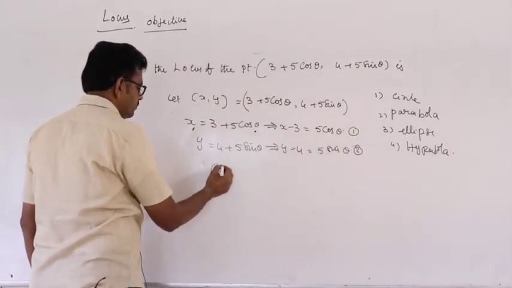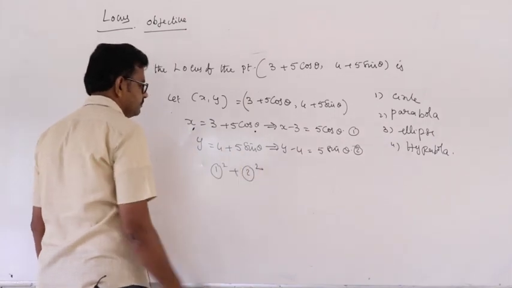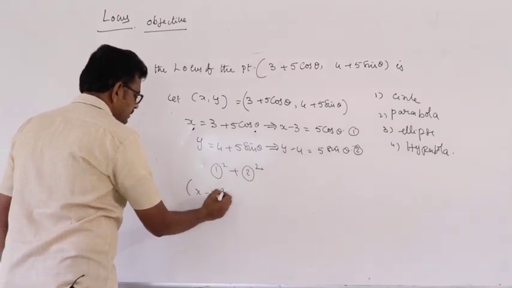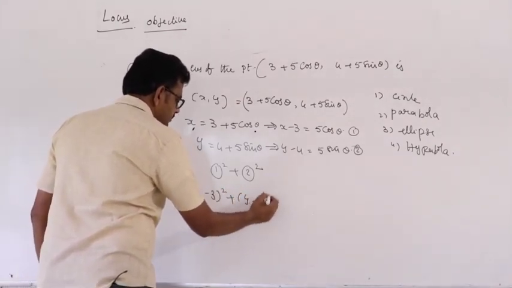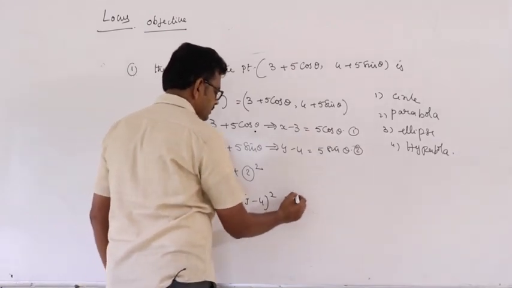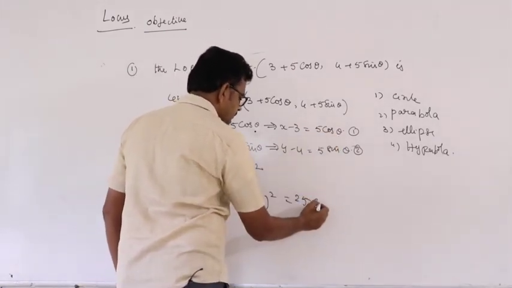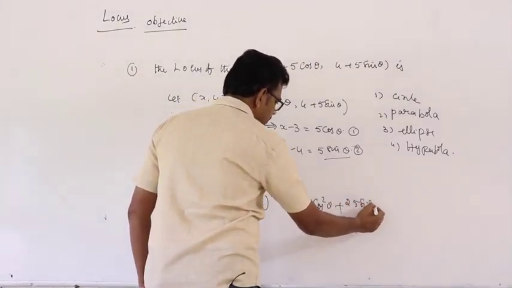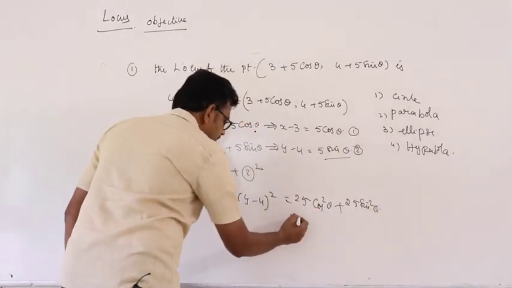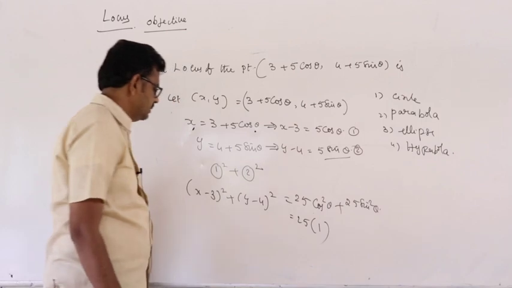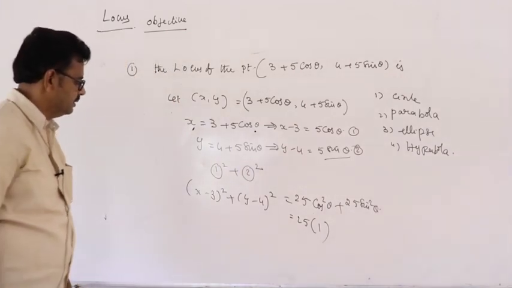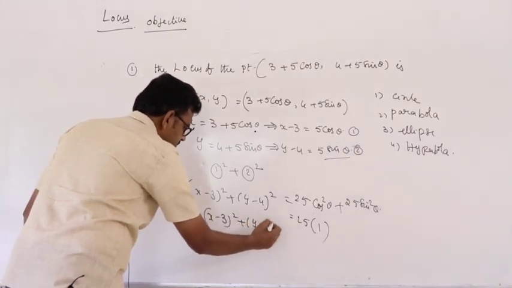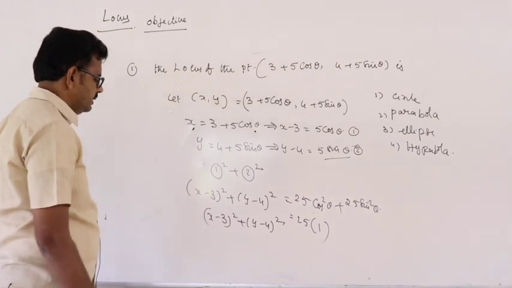Now squaring and adding these two: (x − 3)² + (y − 4)² = 25cos²θ + 25sin²θ. Now taking 25 common, cos²θ + sin²θ = 1. So (x − 3)² + (y − 4)² = 25.